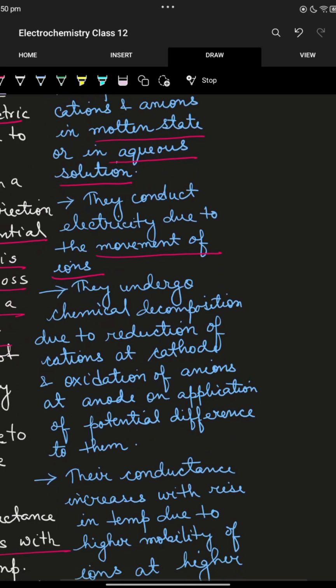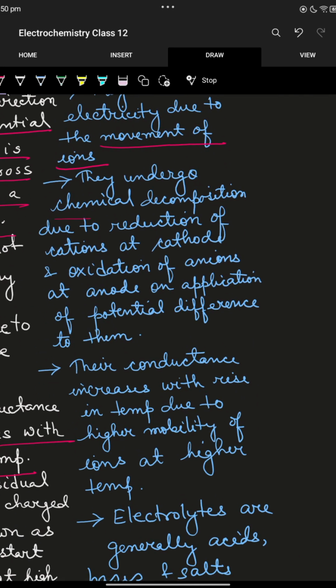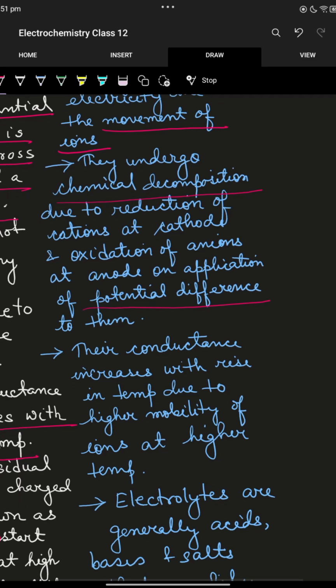Now, they can undergo chemical decomposition due to the reduction of cation at cathode. Reduction is gain of electron. Cations will gain electron, and oxidation of anions. Oxidation is loss of electron. Anions have extra electrons that can be lost at anode on application of potential difference across the electrodes.